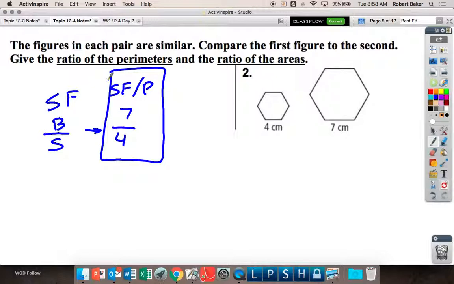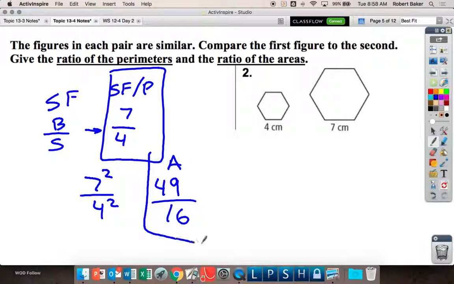Now we need to find the ratio of our areas. And that's going to be the scale factor squared, because area is always units squared. So what is 7 squared? And what is 4 squared? So our area ratio is 49 over 16.